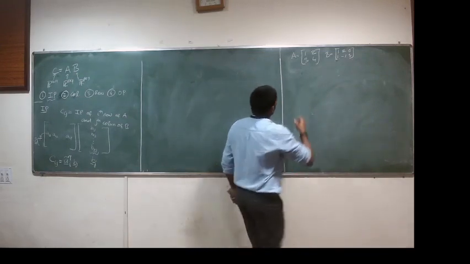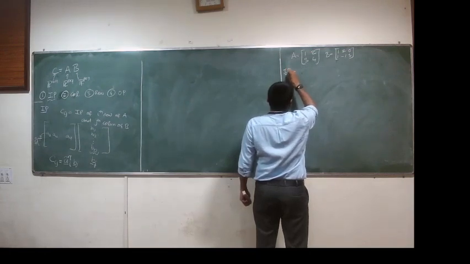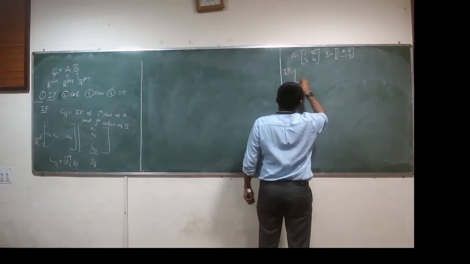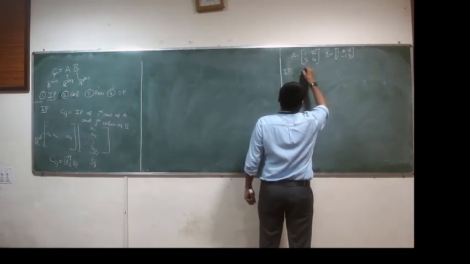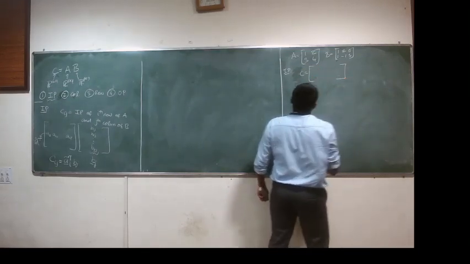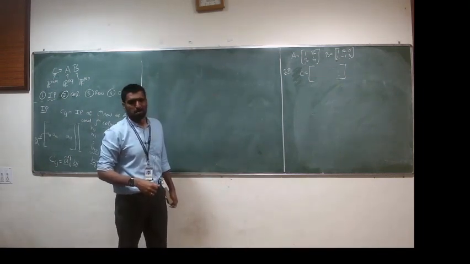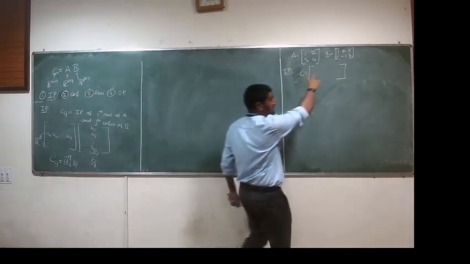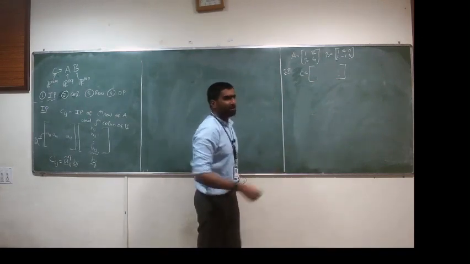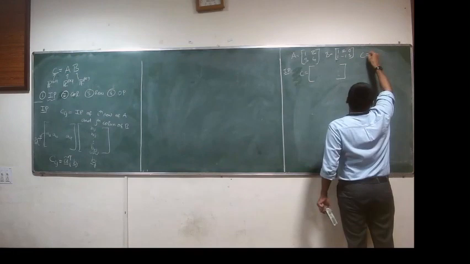If you multiply these two, what do you get for C? What will be the size of C? 2 cross 3. What will be the elements? Can you tell me the elements? In fact, I'll write it down here.